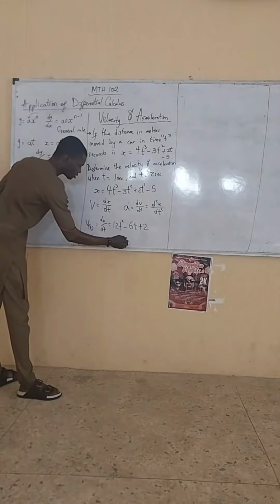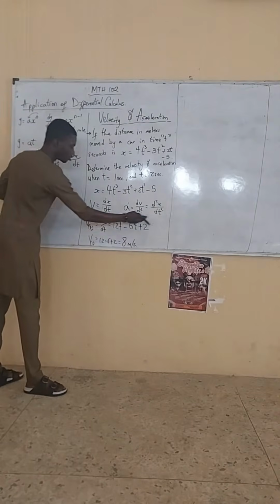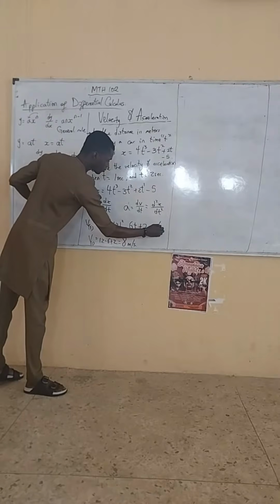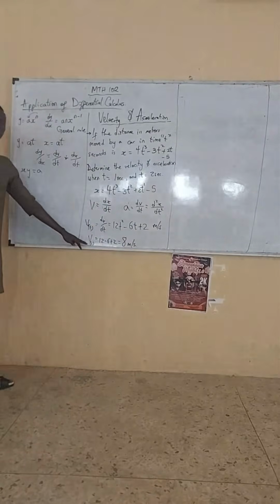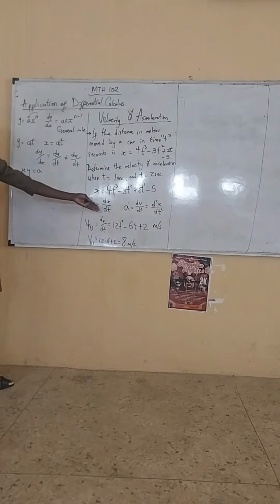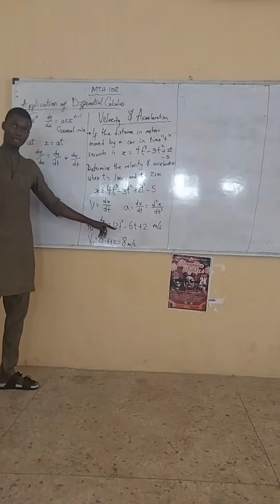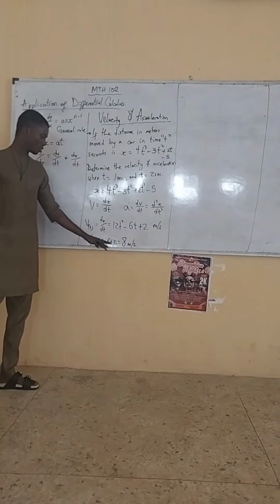What's our unit for velocity? 8 meters per second. Because 1 squared here is 1, 1 times 12 is 12, 6 times 1 is 6, so minus 6 plus 2.